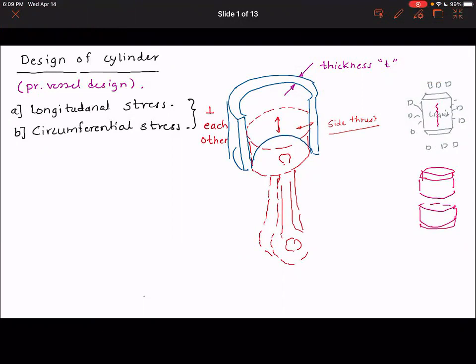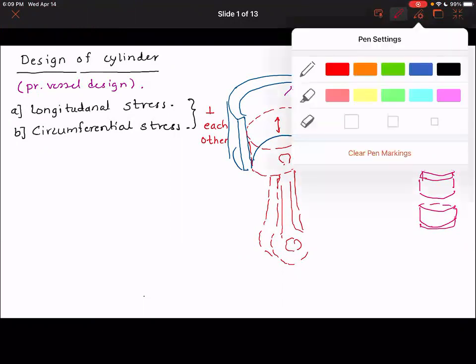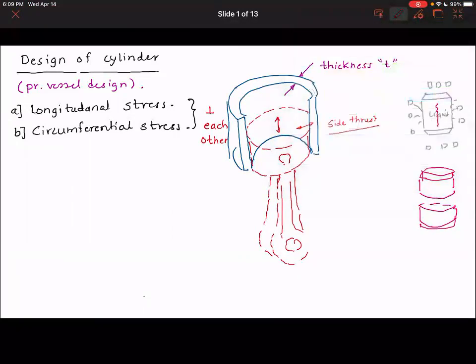So what we do is we ignore that teeny tiny amount of side thrust, and then we try to find out the pressure inside this cavity. So this is the pressure here. And this inside pressure is the design quantity. So for gasoline engine, this design pressure is typically lesser than the diesel engines.